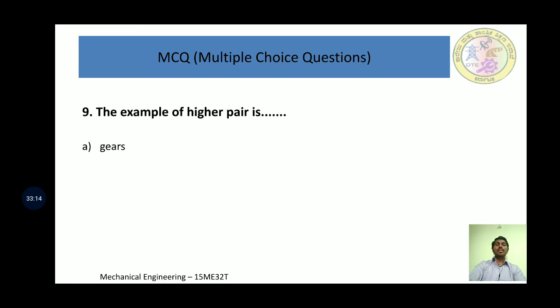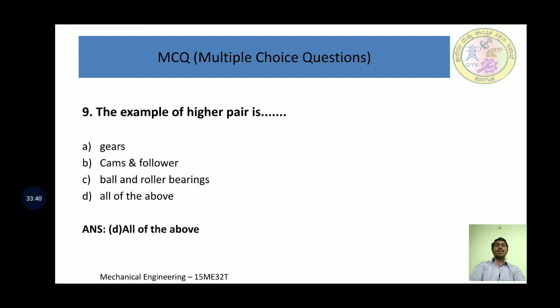Ninth, the example of higher pair is A, gears; B, cams and followers; C, ball and roller bearing; D, all of the above. Correct answer is all of the above.